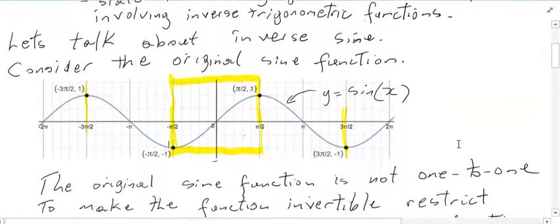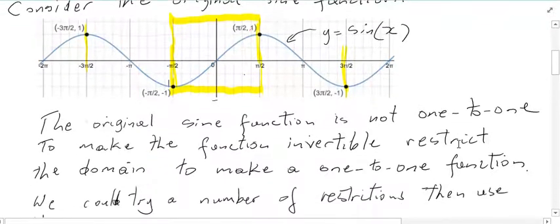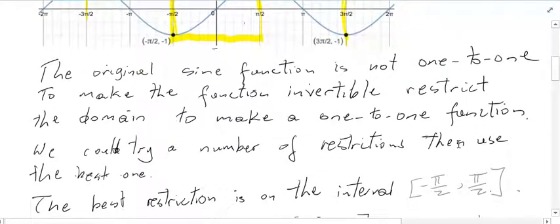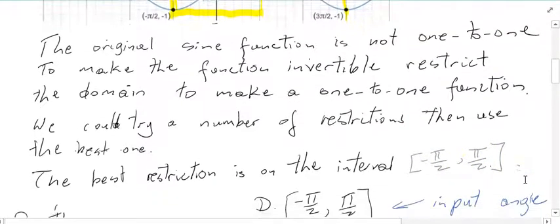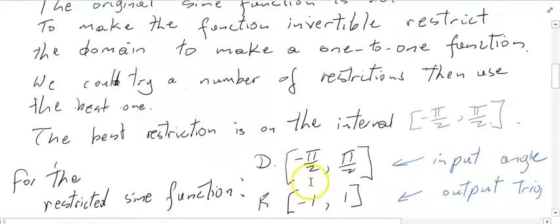The original sine function, as we said, was not one-to-one. We restricted it in order to make it invertible, and we choose the restricted region of the domain on the interval -pi over 2 to pi over 2. Now, this restricted function has domain -pi over 2 to pi over 2 inclusive, right?